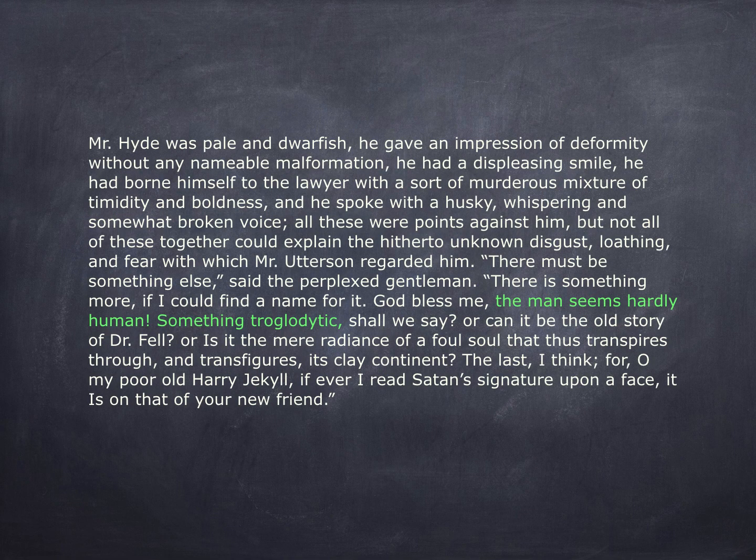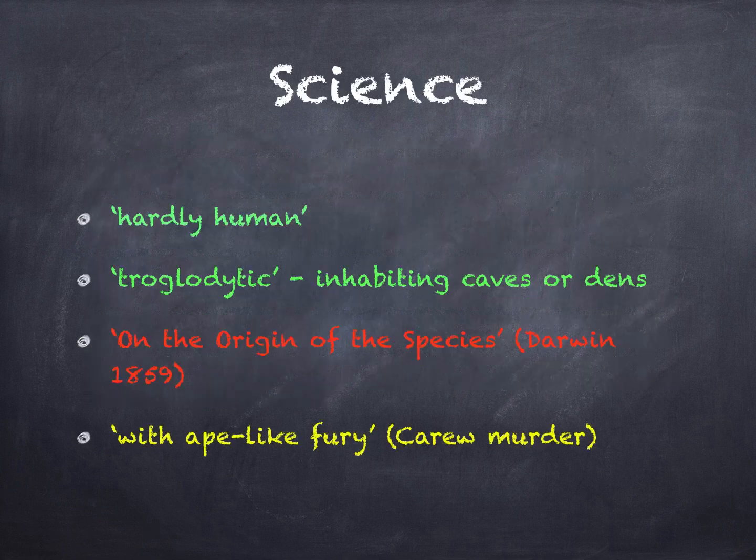First off, we're going to look at two phrases: hardly human and troglodytic. The phrase hardly human, used by Utterson, is used to cast Hyde in a comparison, or it's been compared to other humans in the novel, and he is described as less of a human than them.